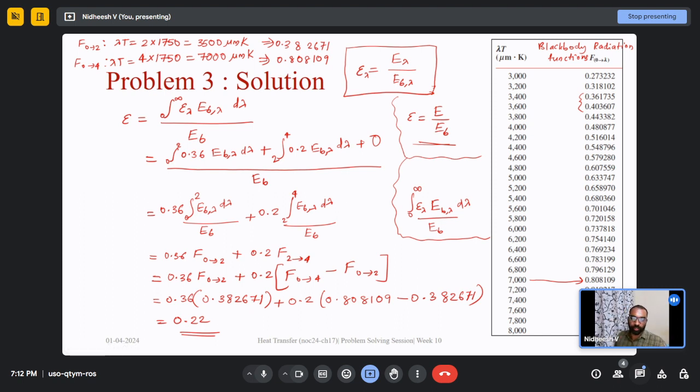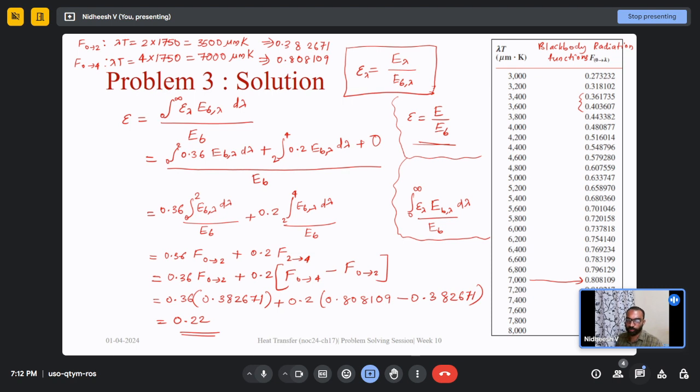Now we got the total emissivity of the surface for which the spectral distribution was given as 0.22. This is how we solve these kind of problems using the input from blackbody radiation functions.